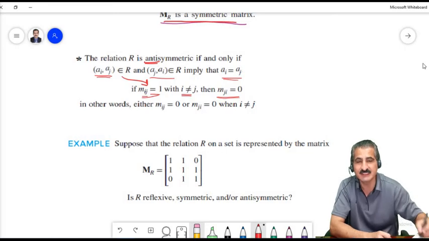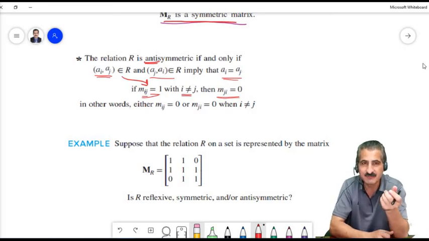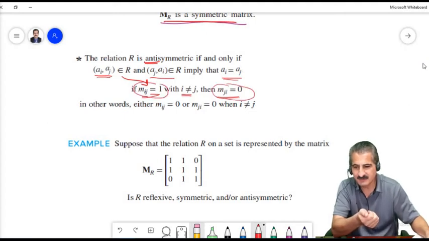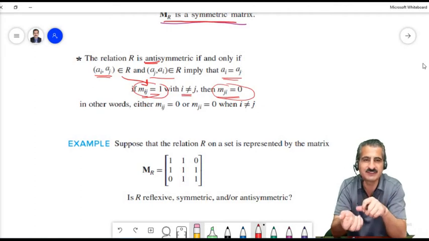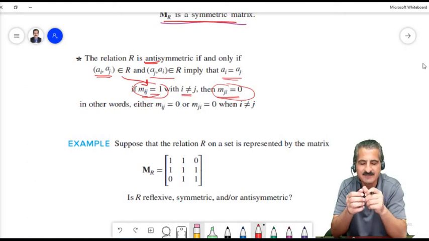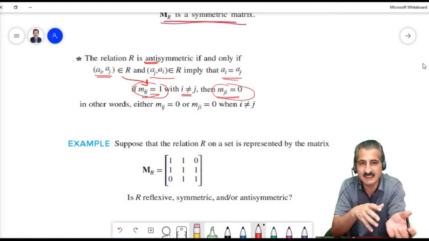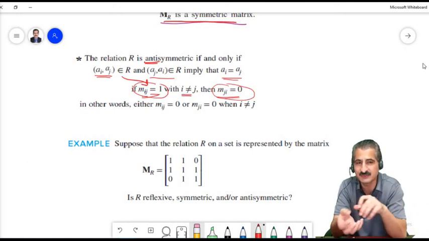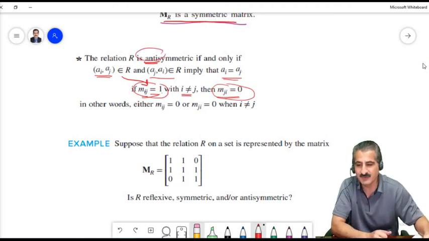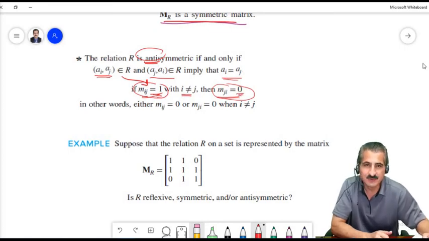We cannot have Mji equal to 1, because that means ai is related to aj and aj is related to ai, so we cannot allow this if we want the matrix to be antisymmetric. So one of them must be 1 and the other must be 0. No one is related to the other.